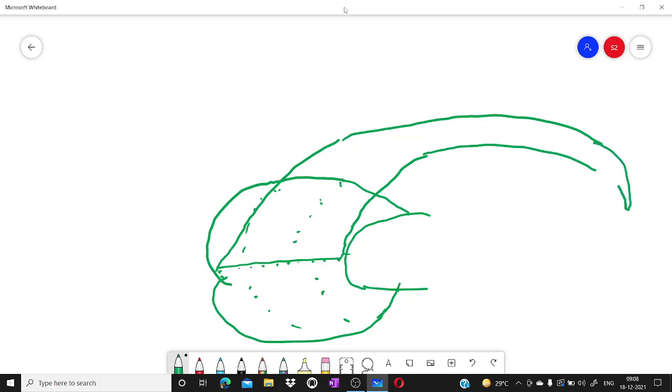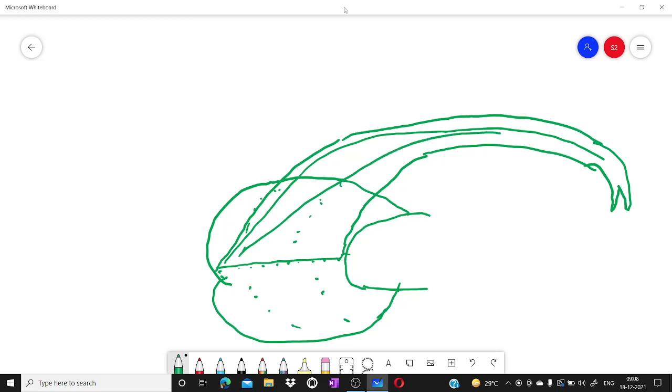It is sickle shaped also. So this dural fold is known as the falx cerebri.